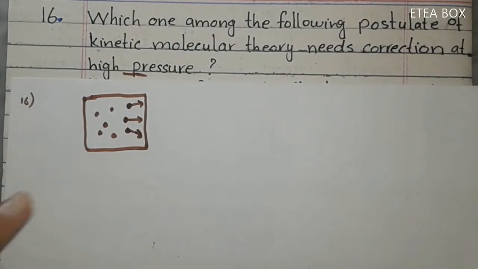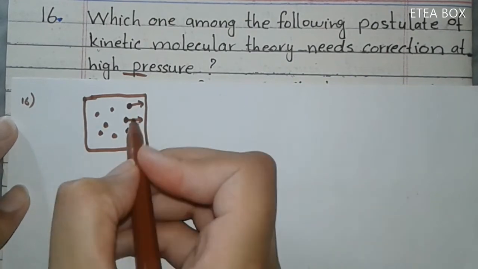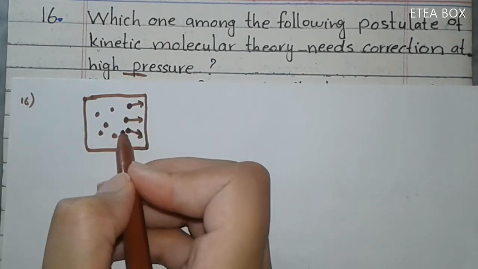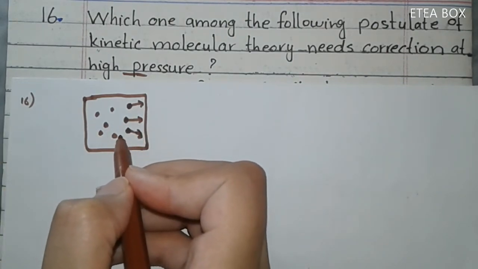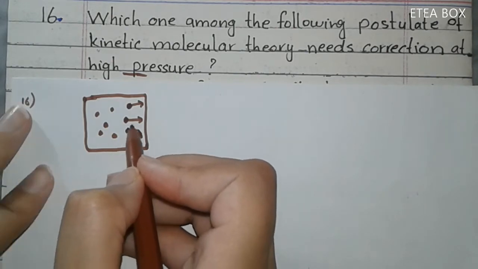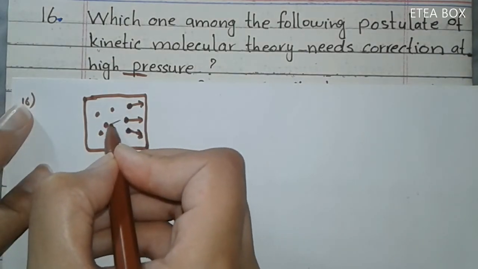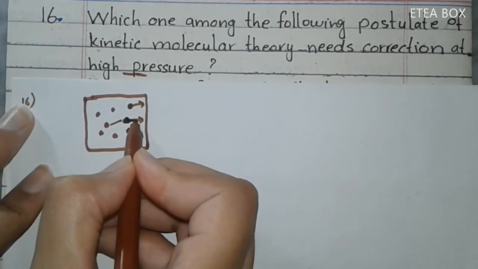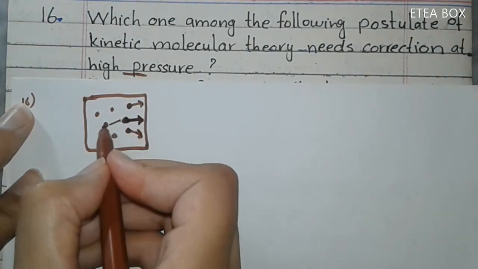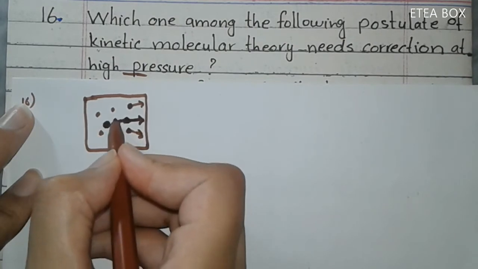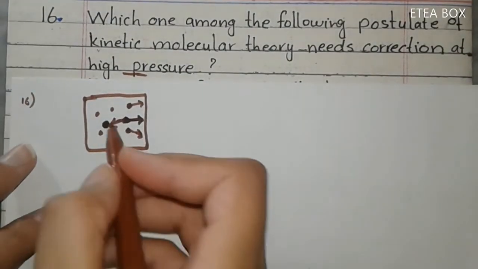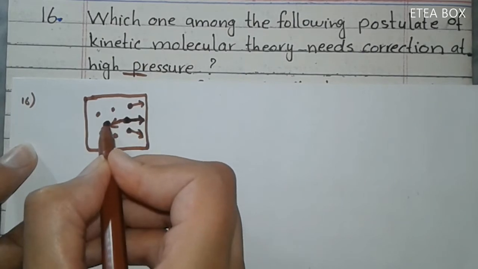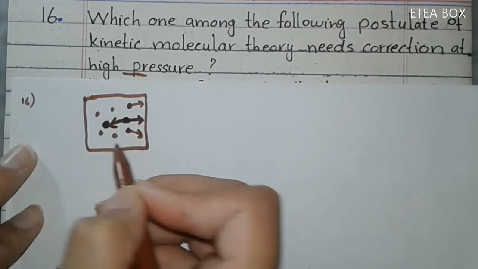We know that real gas has intermolecular forces. So if this one molecule exerts pressure on the container, then the next molecule will push it back because of the intermolecular forces.